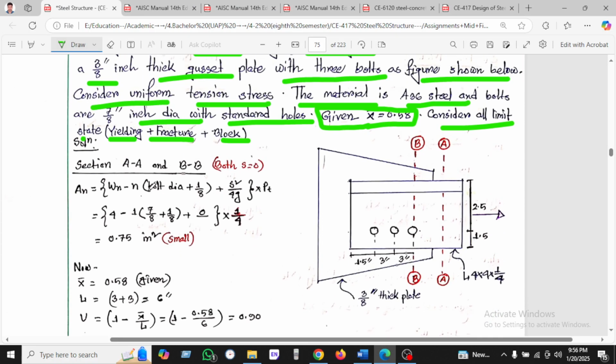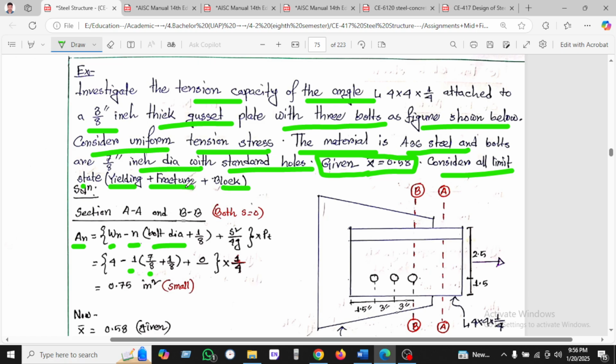We are considering section A and B. Here the gross area is 4, the weight is 2.5 by 1.5, and the number of bolts is 1. The bolt diameter, given in the question, is 7/8, and 1/8 is a constant.